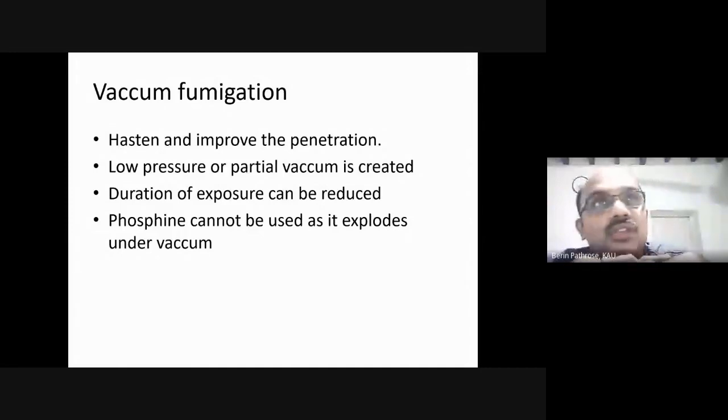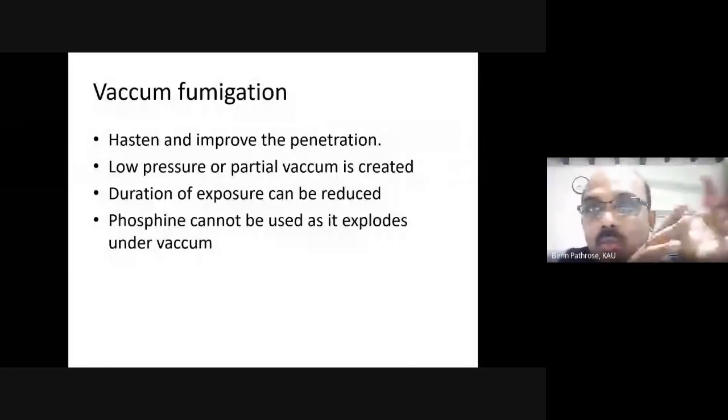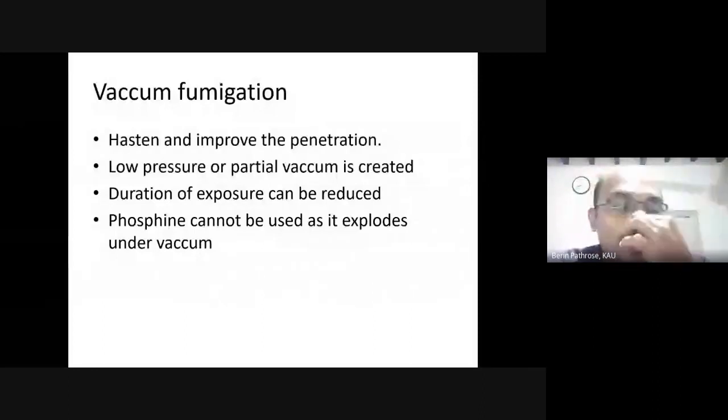That decision was taken in about 2005 or 2007 or so. After that, a lot of fumigants were developed by several companies in different countries. They were considered as an alternative to methyl bromide, but most of them are not that successful. Some are successful to some extent, but not as successful as methyl bromide.